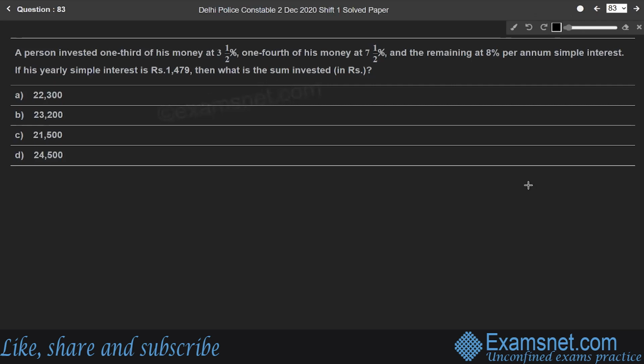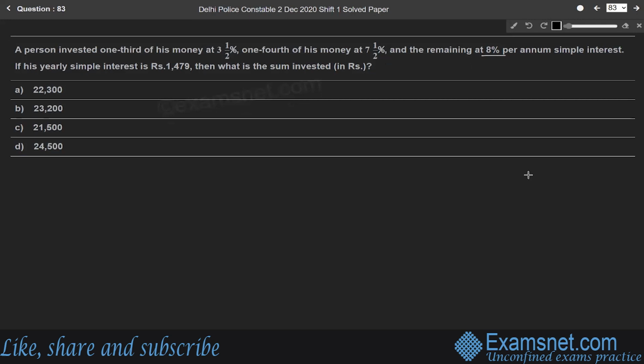Question 83. A person invested 1/3 of his money at 3.5%, 1/4 of his money at 7.5%, and the remaining at 8% per annum simple interest. If his yearly simple interest is 1,479 rupees, then what is the sum invested? So here, let the sum invested be X rupees. So before that, let us write the formula for simple interest.